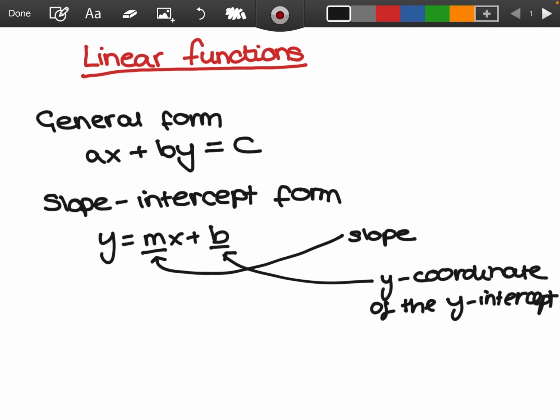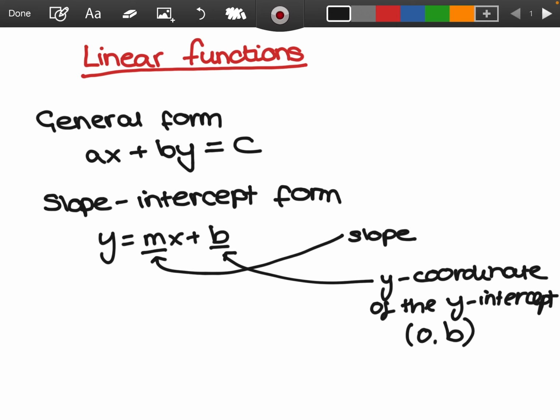So when you have a straight line, it will most likely, in most of our cases, go through the y-axis. The y-coordinate at which it goes through the y-axis is going to be the y-intercept. So that y-intercept is written as (0, b), because anywhere on the y-axis the x-coordinate is 0, and the y-coordinate where it goes through that axis is y is equal to b.